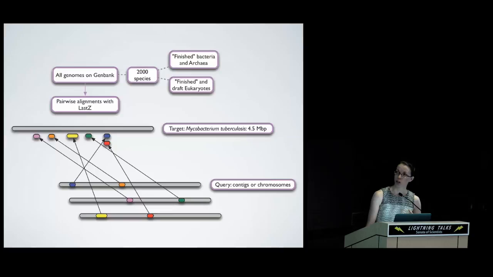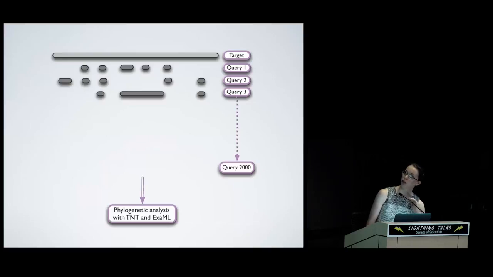LASTZ is based on BLAST, but it finds parts of these contigs or chromosomes that match the target. Once you do this over and over, you have the target complete genome and the parts of all the different queries that match up, and it's a huge alignment.